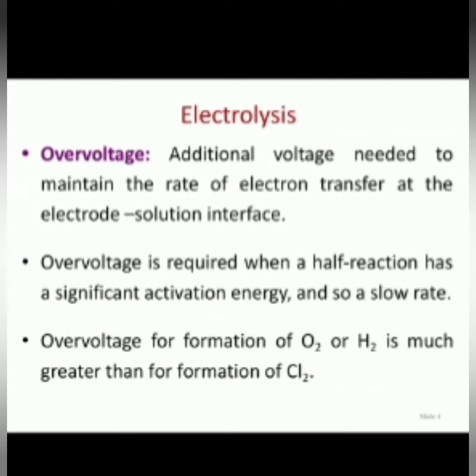When the voltage in a circuit or part of it is raised above its upper design limit, this is known as overvoltage. Overvoltage is required when a half reaction has a significant activation energy and so a slow rate. Overvoltage for formation of O2 or H2 is much greater than for the formation of chlorine.